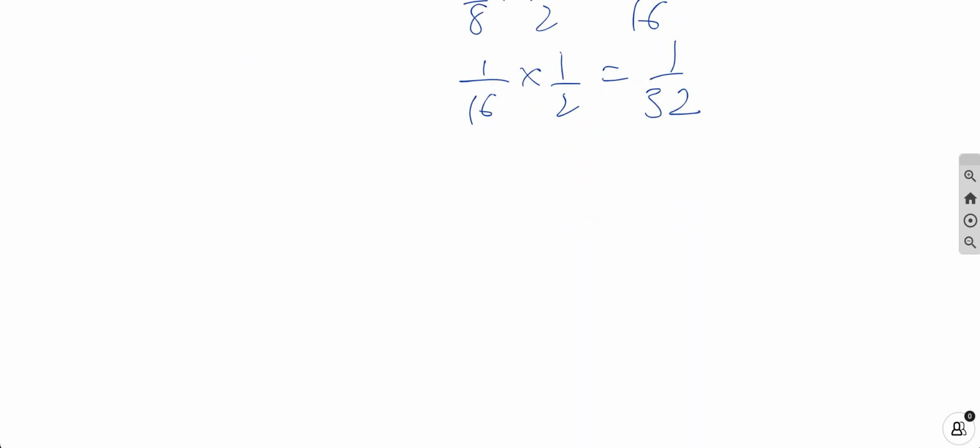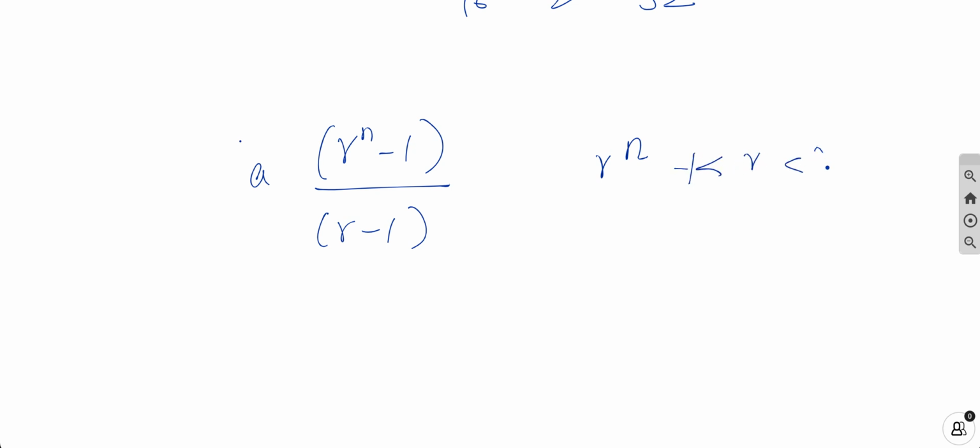So in my formula, a times r raised to n minus 1 upon r minus 1, when r is between minus 1 and plus 1 and n tends to infinity, that means a very large number of terms, then r raised to n tends to 0.